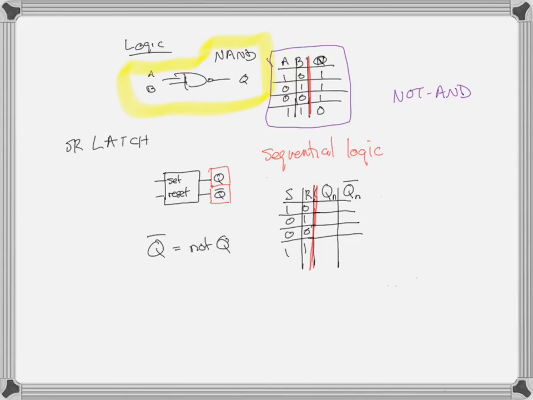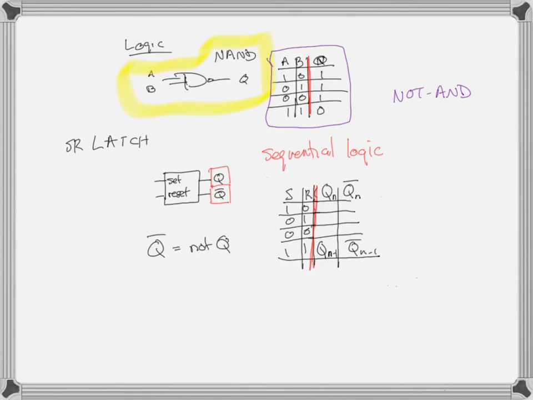Let me start with the bottom, 1, 1. What the purpose of an SR latch is, 1, 1 says remember what your last output was. So the output is just going to say, stay the same. Remember what the output was before, Qn minus 1, the previous step. So then this would just be not Qn minus 1.